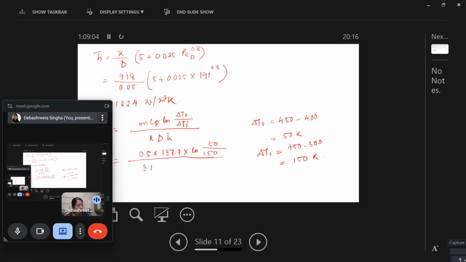So pi is 3.14, D is 0.05 into h. h we have calculated to be around 1224.